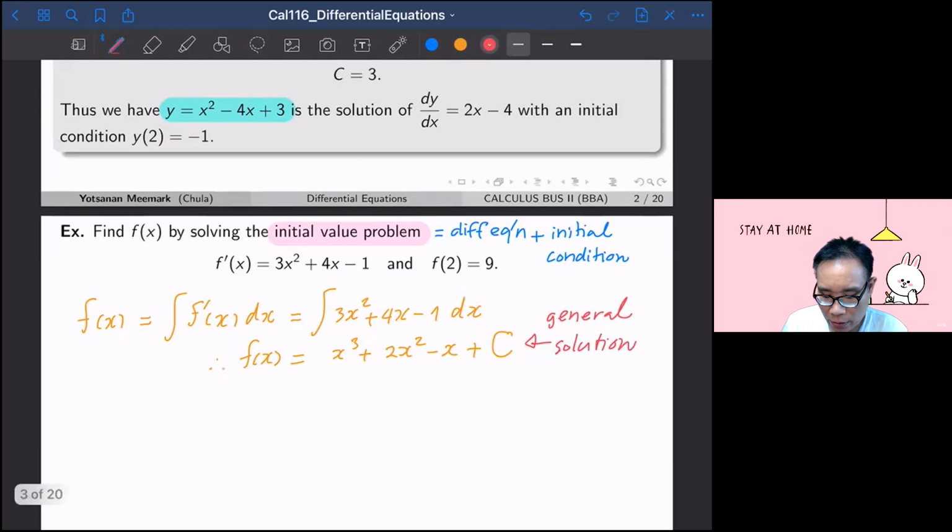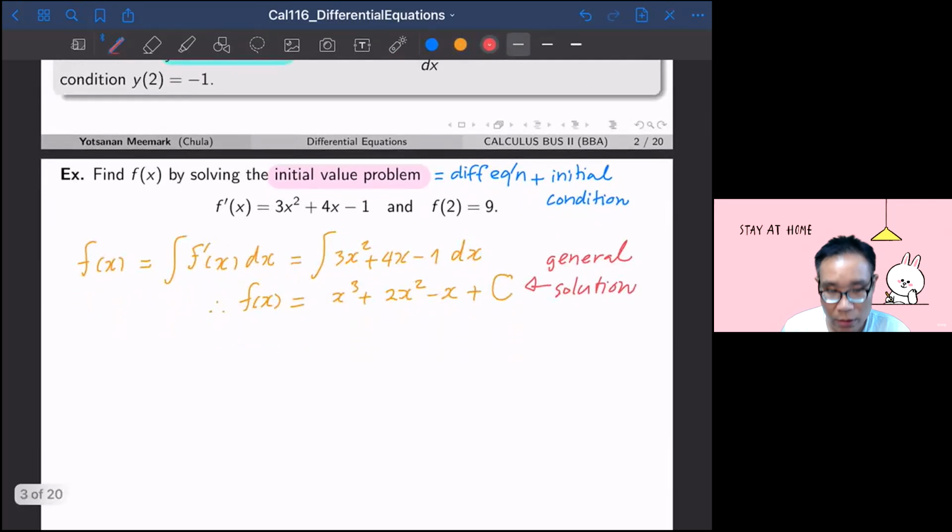And you're going to use the initial condition f of 2 equal to 9 to find the constant c.